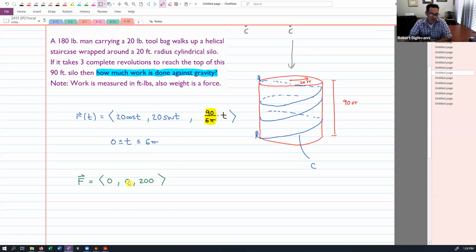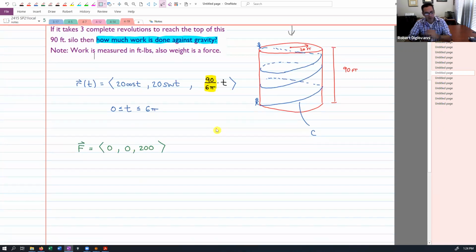So the only thing you're really going to get at the end of the day is the 200 times that, or the derivative of that. So I think I'm going to stick with the other formula. I'm going to get the derivative of this. The derivative of that is negative 20 sine t, 20 cosine t, and 90 over 6 pi.